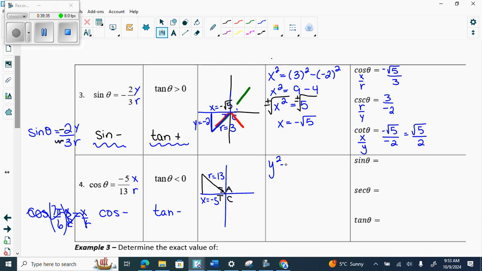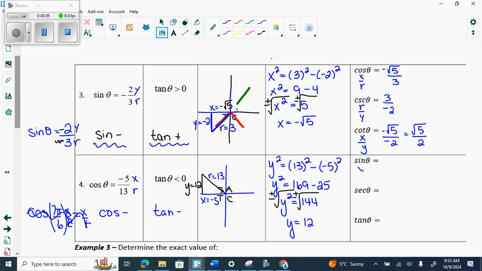So y squared equals 13 squared minus negative 5 squared. Y squared equals 169 minus 25. Y squared equals 144. Square root, plus or minus. So y equals positive 12, because it's in quadrant 2, y has to be positive.